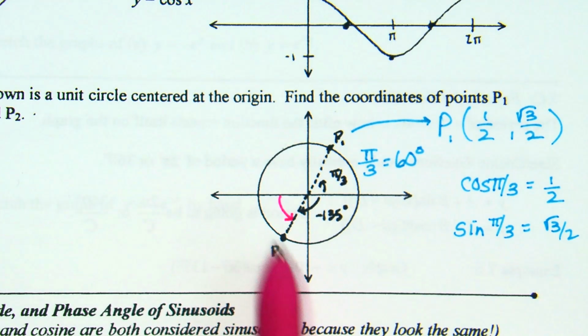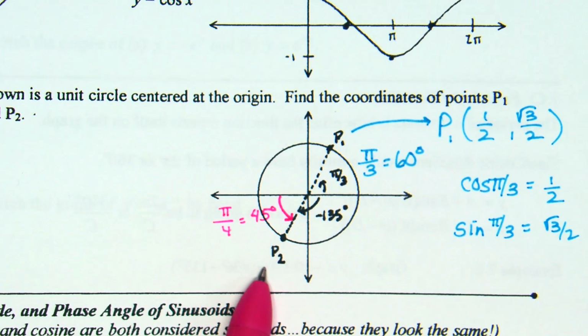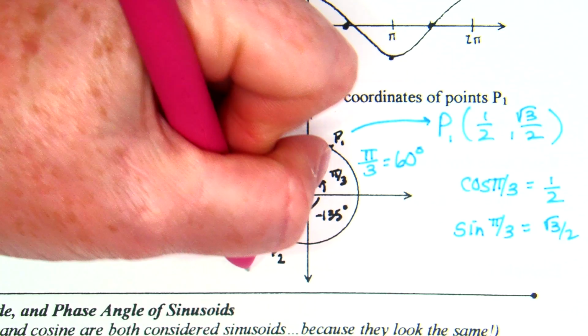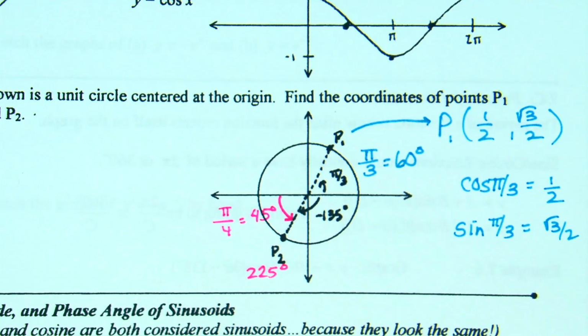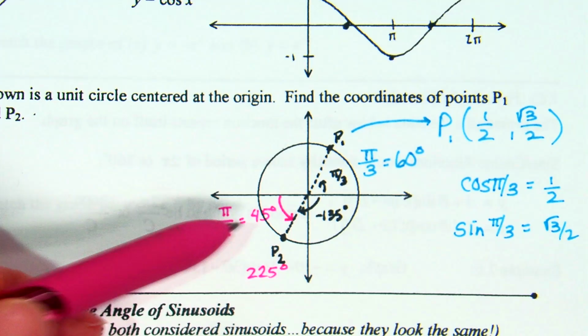So you can either think 45 degrees or you can think pi over 4. I mean, you can also think 360 minus 135. This is located at 225 if you want to think that way as well. Okay, but honestly, 45 is what I need. Okay, what about this ordered pair for P2?